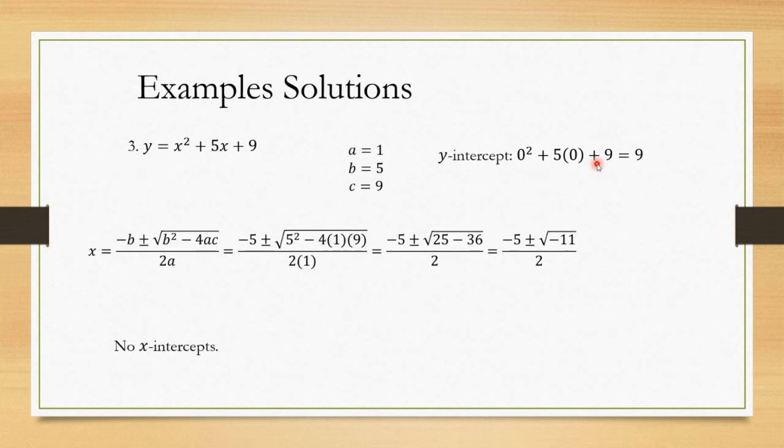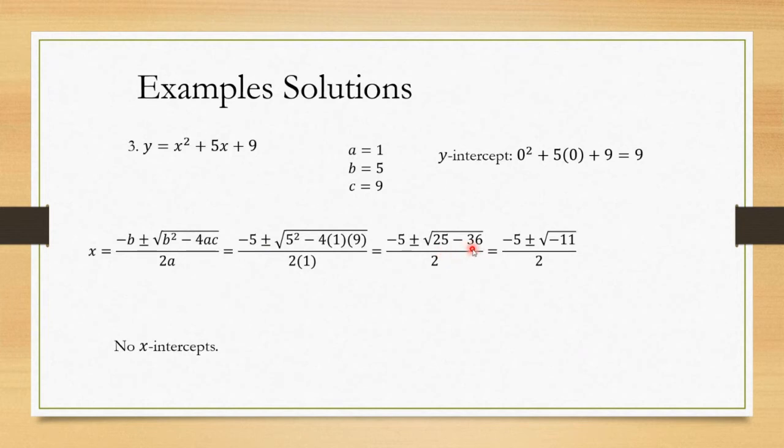Well, the y-intercept is just 9. You just replace x by 0, as you can see. From here, we plug it into the quadratic formula. We get this. And see also that 5 squared is 25. 4 times 1 times 9, we have 25 minus 36.